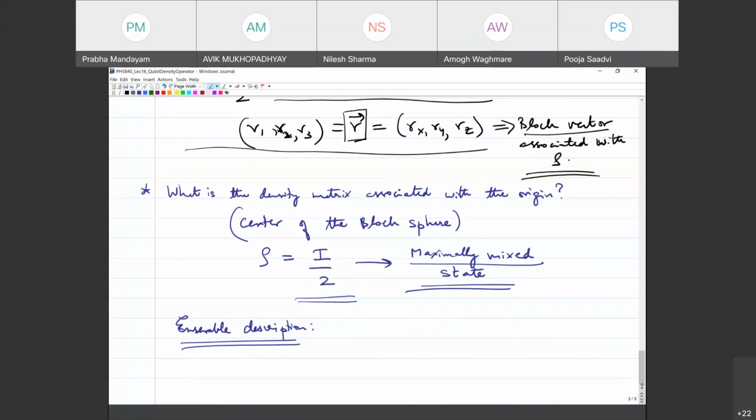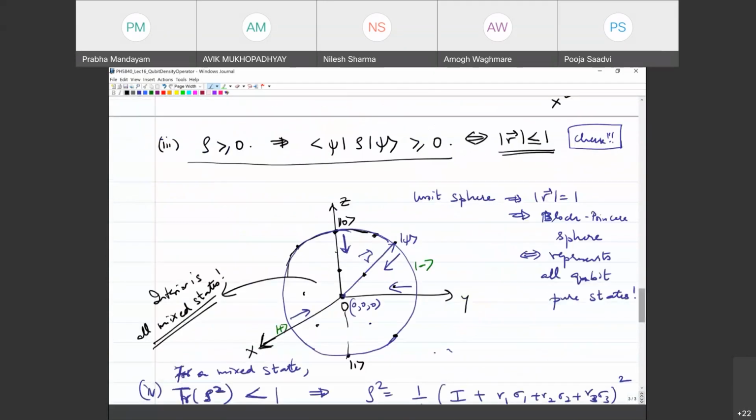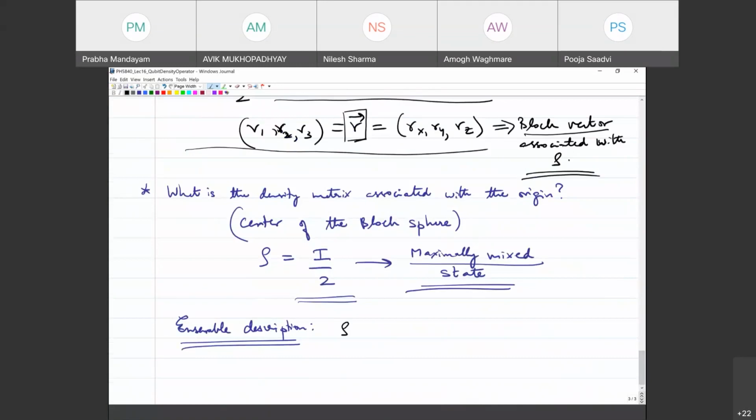Yeah, that's the point. So how many such pairs of orthogonal projections can I find? An infinity of them, right? The point is I can take any diameter of this sphere. I can take this diameter, for example, and the ends of the diameter have two orthogonal states, correct? So one way to describe it is as an equal mixture of 0 and 1, right?